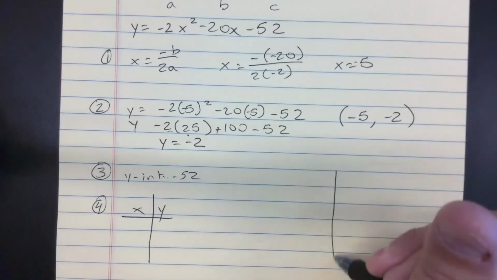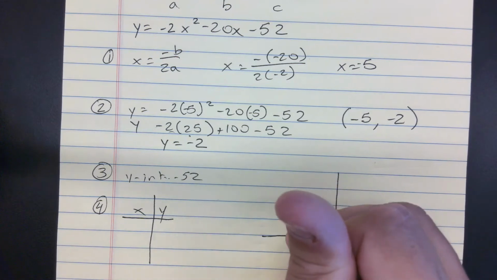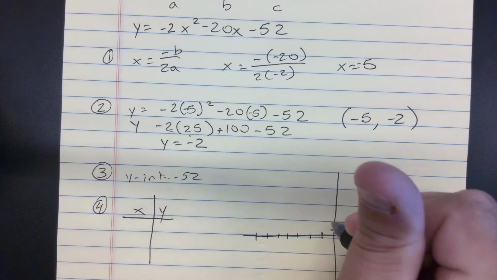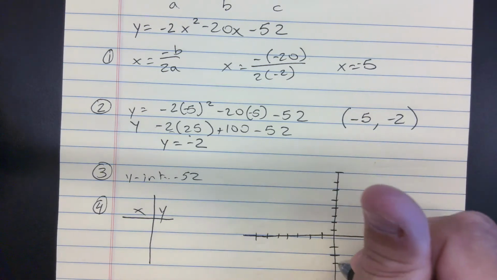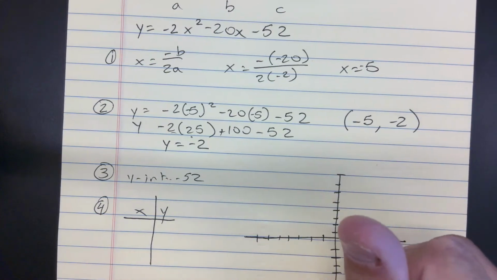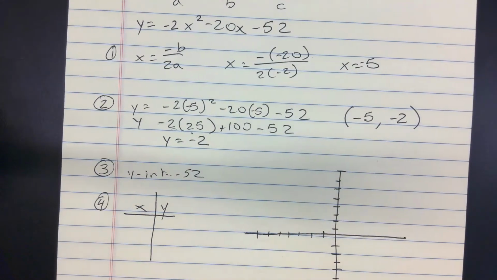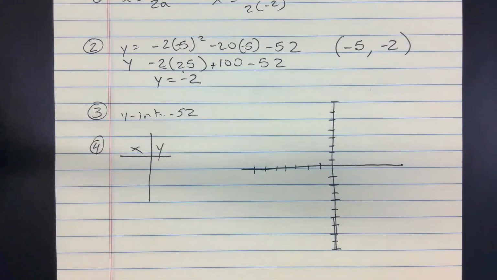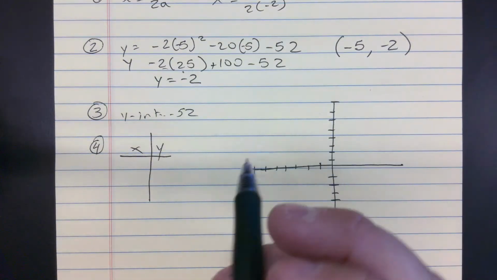So here's our graph. Which values do you want to pick, Daxton?